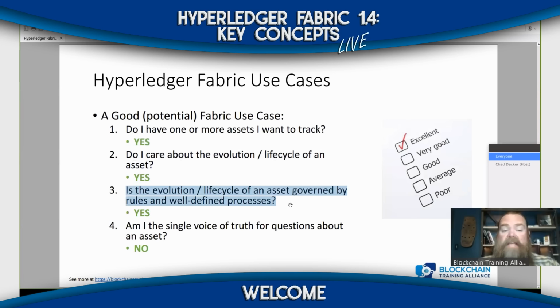And they said, yes, this is very, very clearly governed. We have our own internal business processes. We have rules and regulations at the national level we have to follow. We have rules and regulations that are imposed by various consortiums and trade groups and quality assurance organizations. So all of this is very, very well defined.